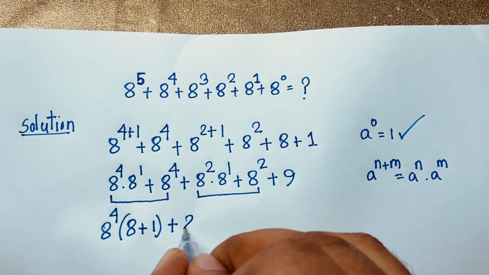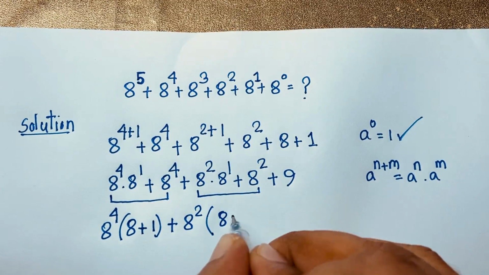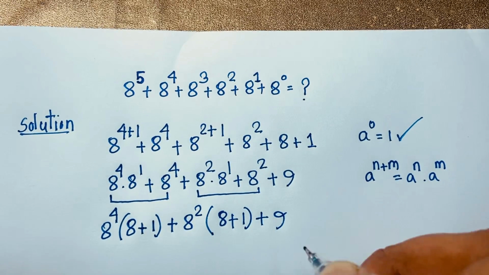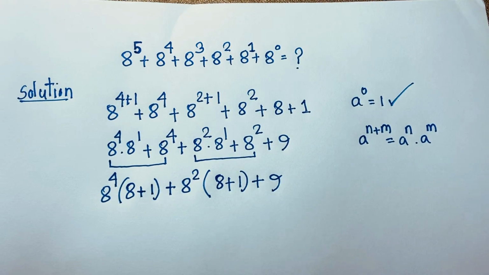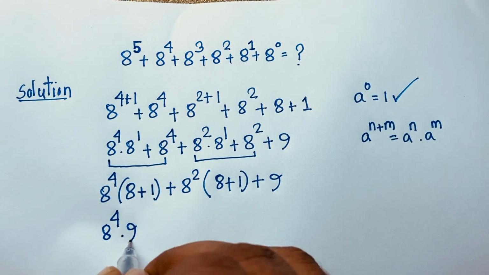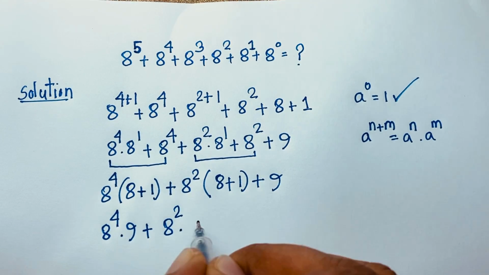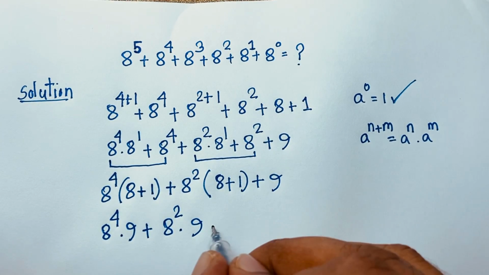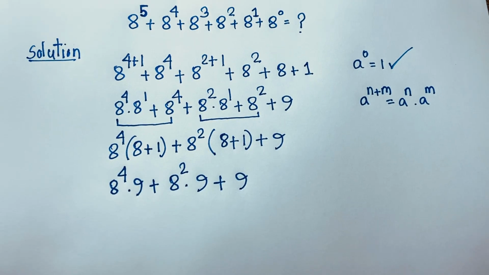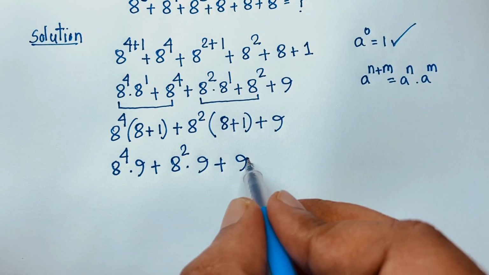So if I take 8 to the power 2, then this divided by this is 8 plus this divided by this is 1, and here is positive 9. Now you can see 8 to the power 4 times 9, since 8 plus 1 is 9. Here 8 to the power 2 times 9, since 1 plus 8 is 9, and here is 9. Now you can see this is 9, this is 9, this is 9, so 9 is common.